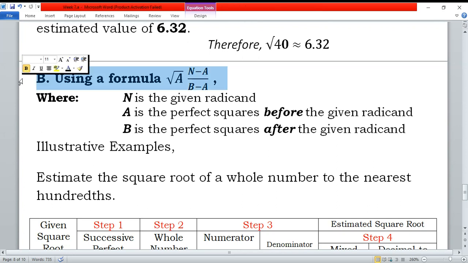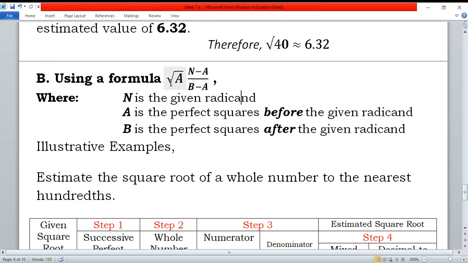So, using the formula, square root of a plus n minus a all over b minus a. Ibig sabihin nito, itong square root of a, kukunin natin yung principal root. Then, yung n minus a will serve as the numerator ng fractional part na to, all over b minus a, whereas the denominator naman ng fractional part na to.